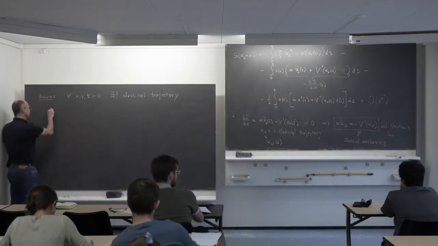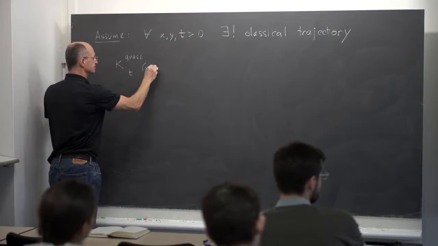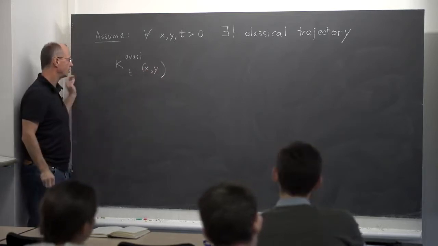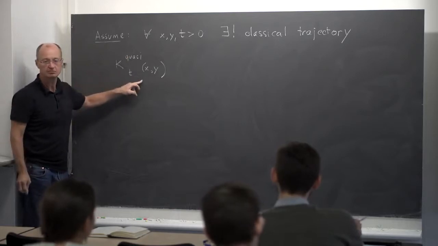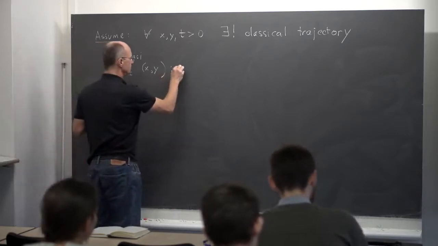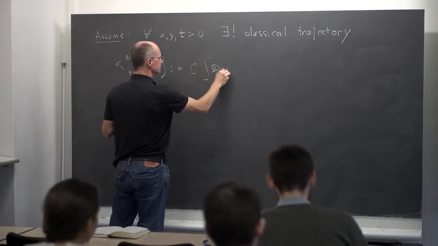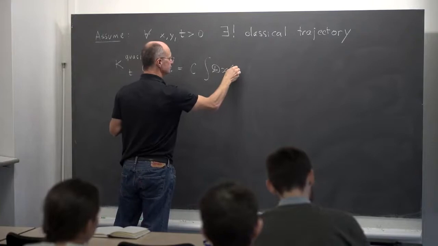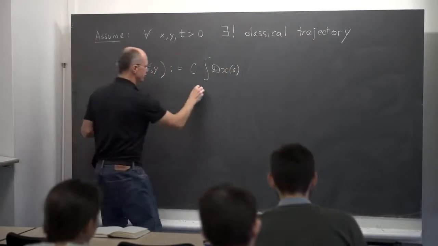So then let's define a quasi-classical propagator, kt.